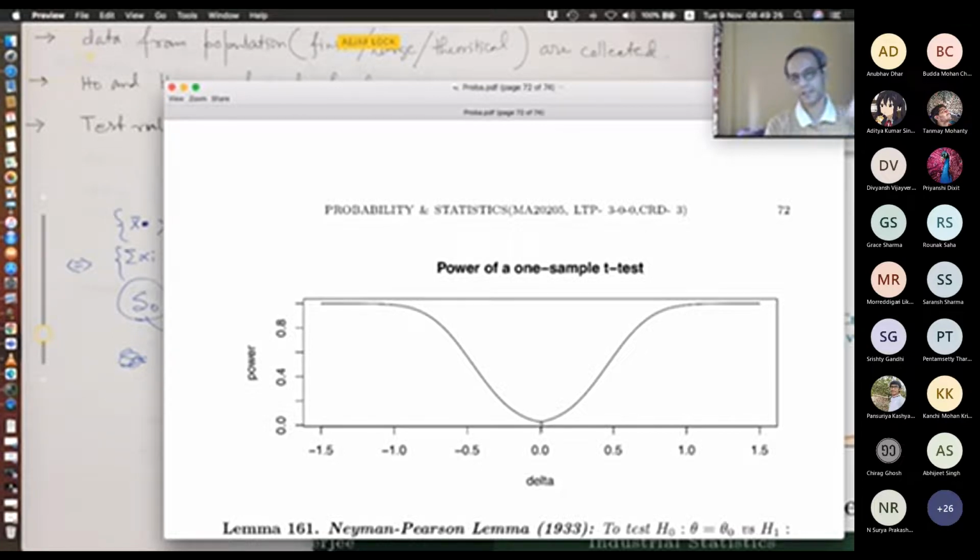But as you go away from 0, either on the positive side or on the negative side, you are gradually rejecting the null hypothesis with more and more probability. So this probability is gradually increasing and you are reaching 1 on the right hand side, and a similar thing happens on the left hand side. Is it okay? Yes, sir. Hello? Yes, sir, it is okay.